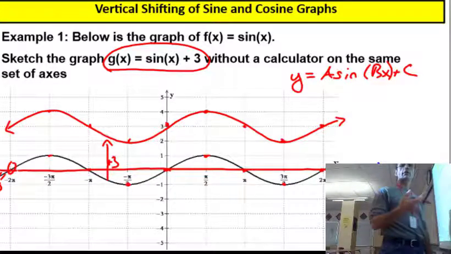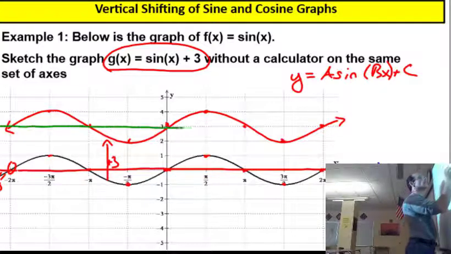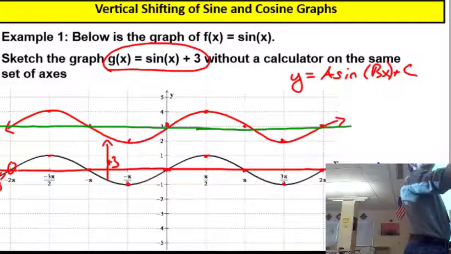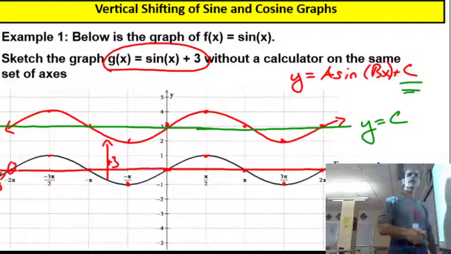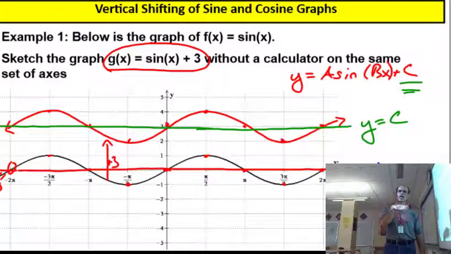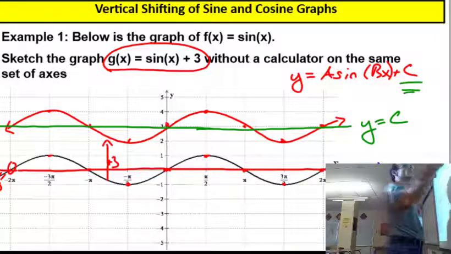If I wanted to graph sine of x plus 3, I'm just taking that midline and I'm moving it up 3. So this is the value of y is equal to c. Whatever number that happens to be, you can draw a horizontal line at y equals to that number and sketch the graph of sine using that. It helps a little bit. It's just a visual aid. It's not a big deal. But this is called the midline.